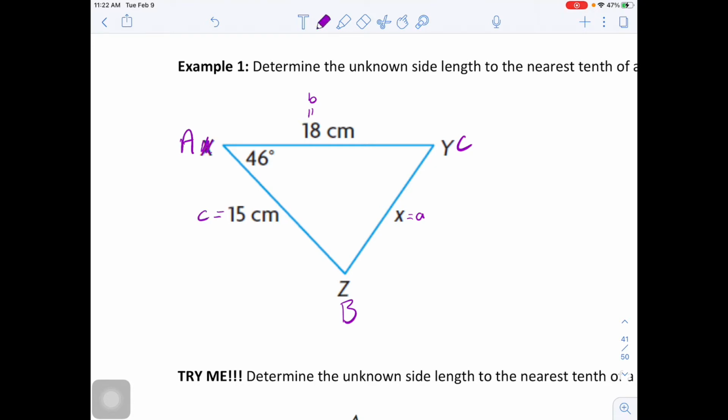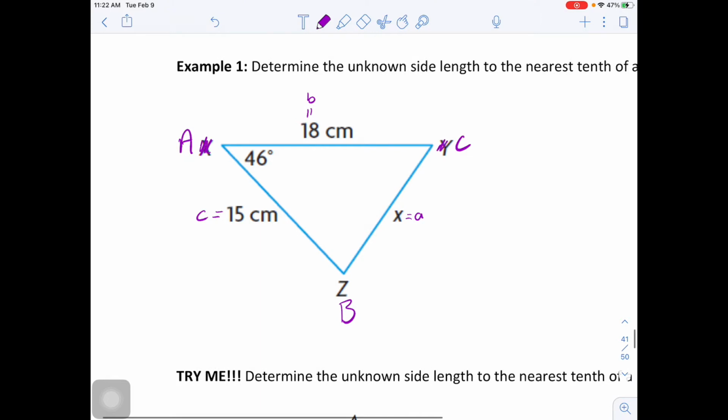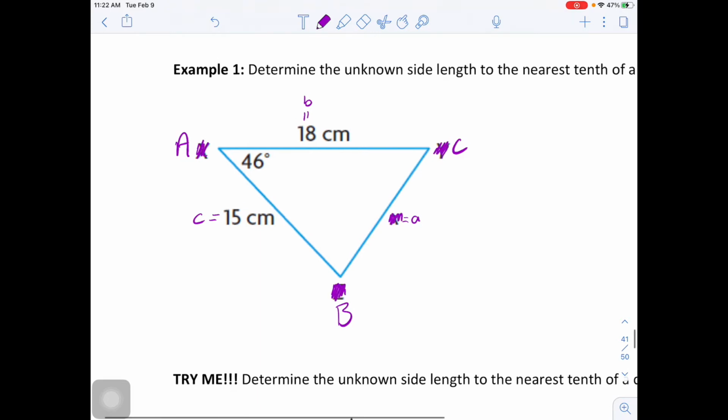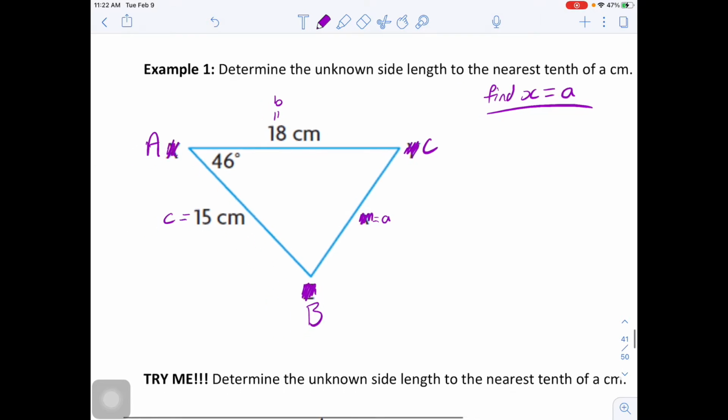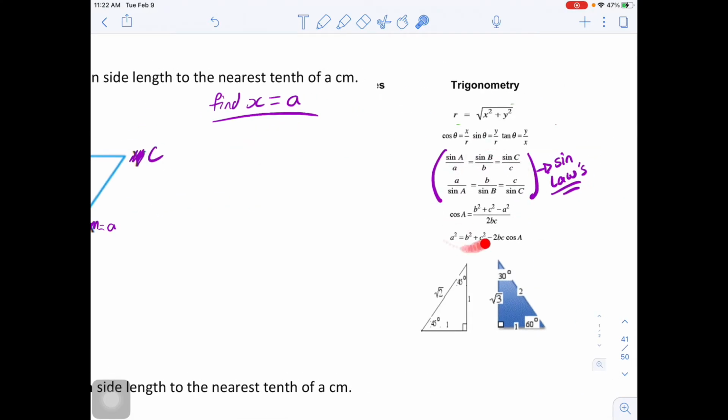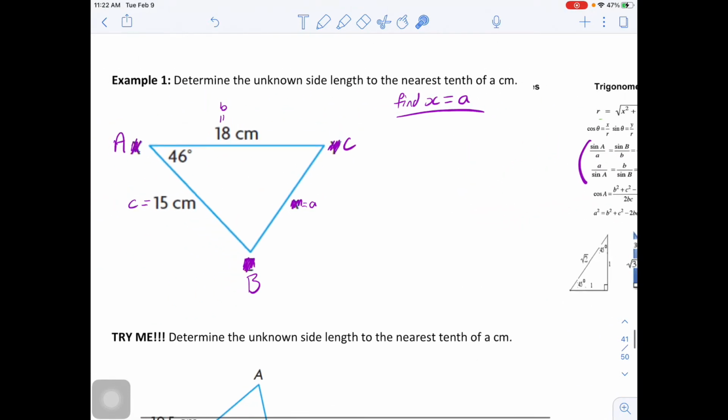And now we can get rid of these notations. Again, it's good to know what we're trying to find. Find X, so therefore find a. So now we're just trying to find a. And now we have our triangle represented in terms of our data sheet, which is very useful.